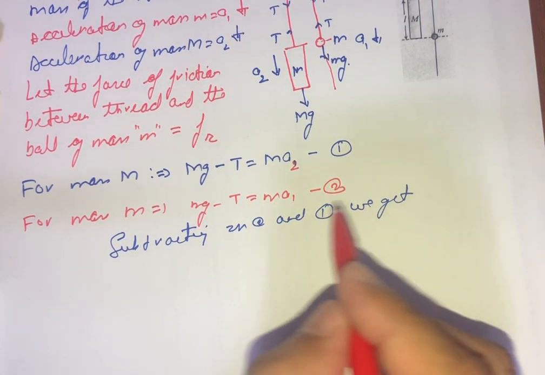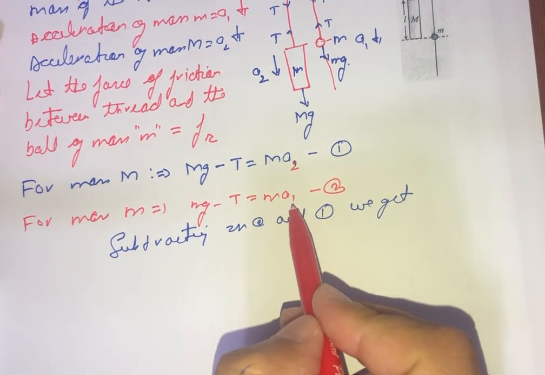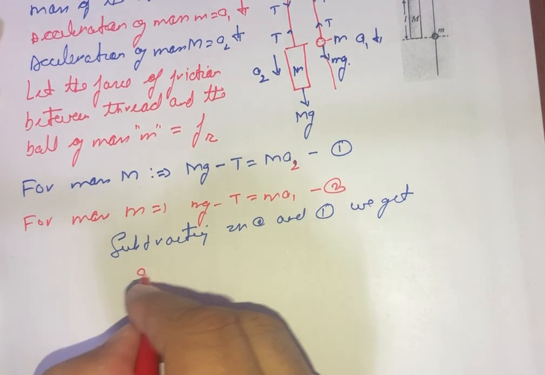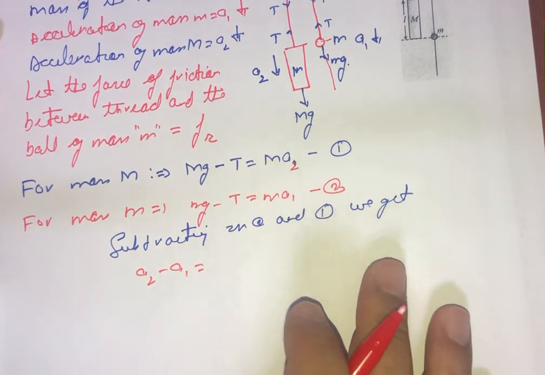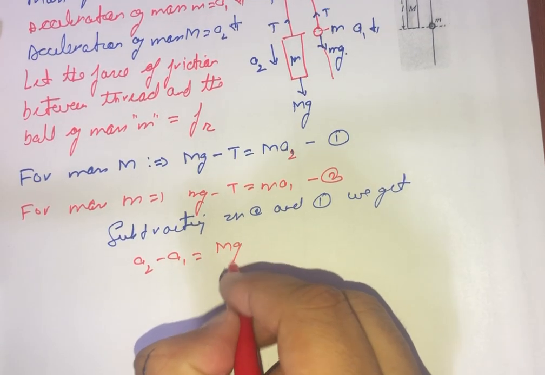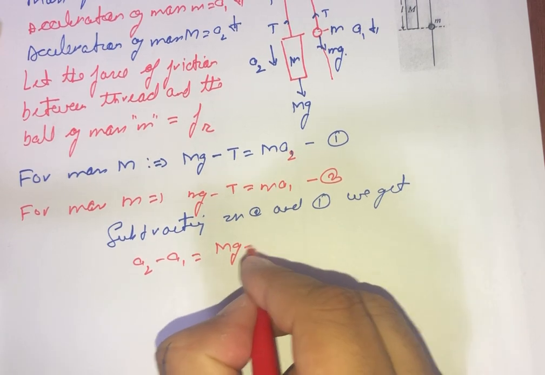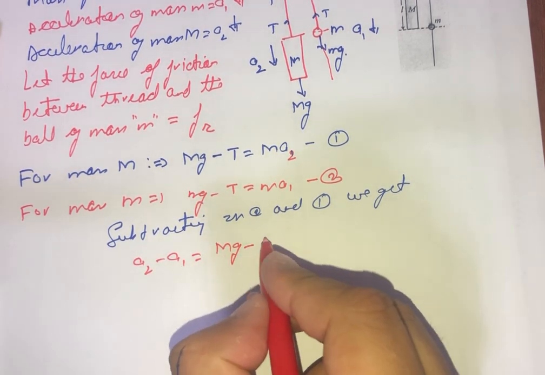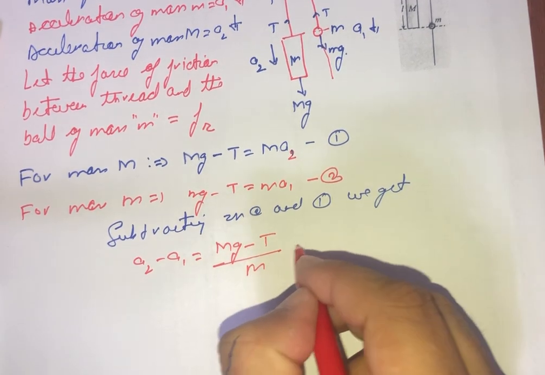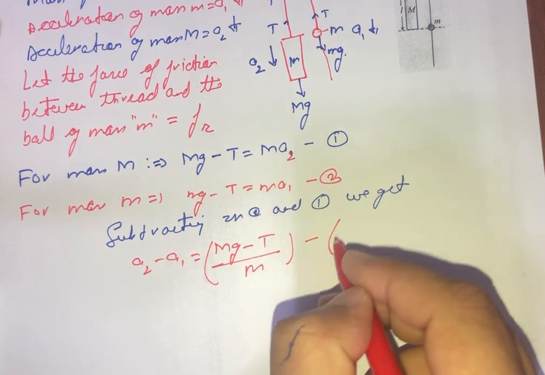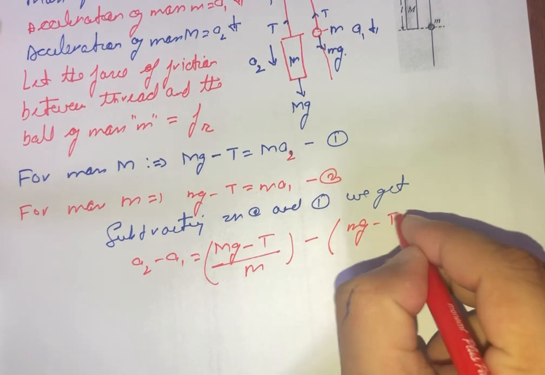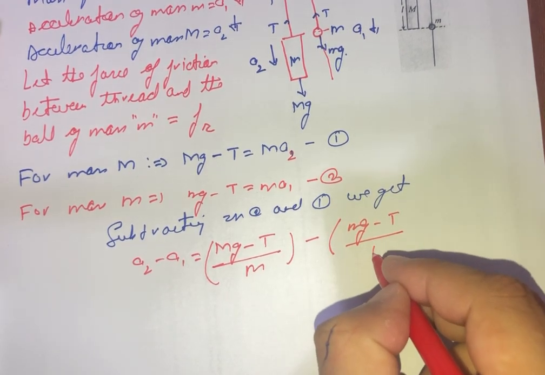Rather, what we can do is find a2 and a1 and then sort it out. So a2 minus a1 will be equal to (Mg minus T) divided by capital M minus (mg minus T) divided by small m.